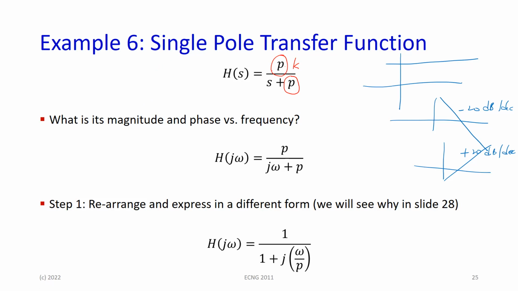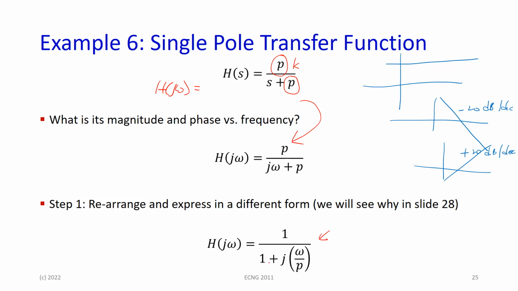So H(s) is equal to this. I've given you a transfer function. So H(j omega) will be equal, you replace s with j omega and you get this. The next step, and we'll come to it in a few slides down the road, once you replace s equal to j omega, we want to arrange it into this form.